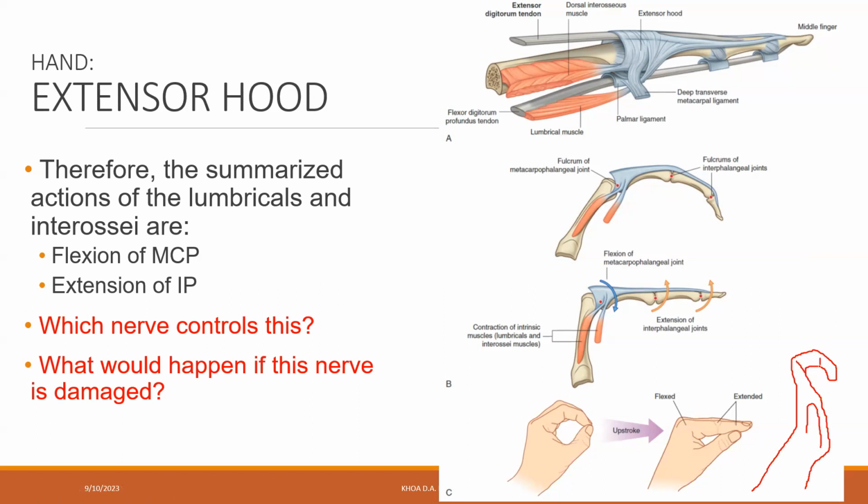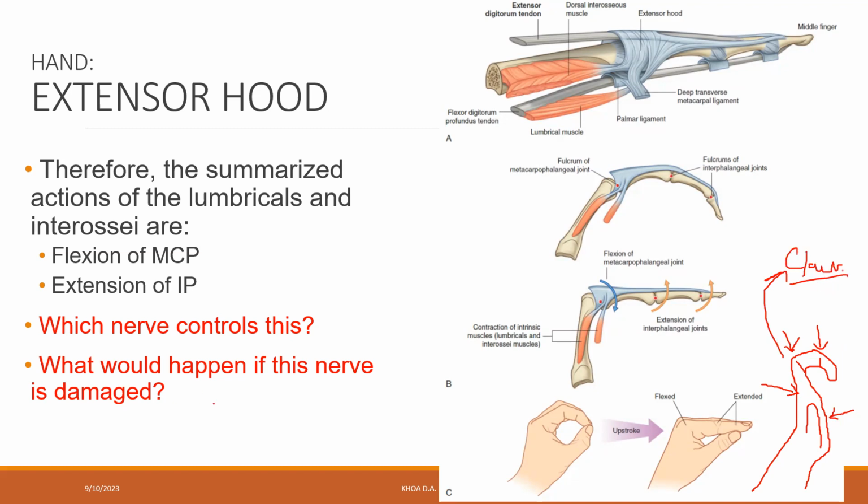Each of these is an interphalangeal joint, and this is the extended metacarpophalangeal joint. And all of the interphalangeal joints over here are going to be flexed like this. What does this look like to you? A claw, isn't it? It looks like a claw.